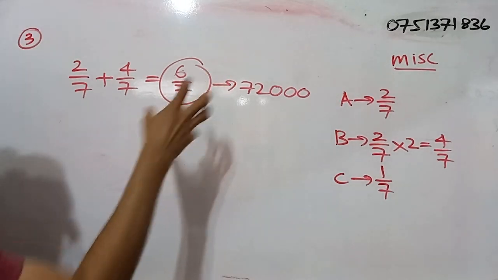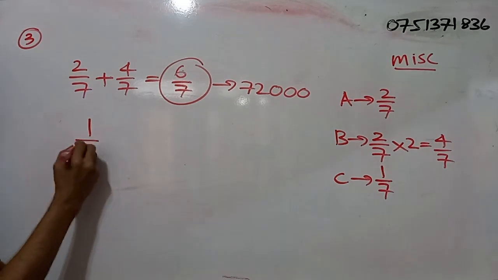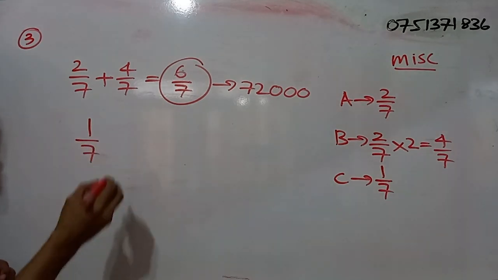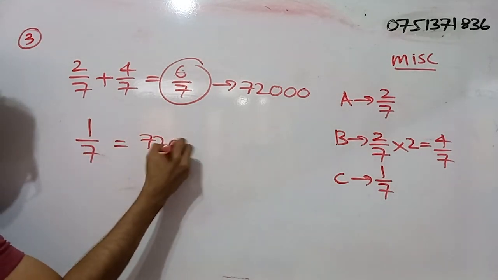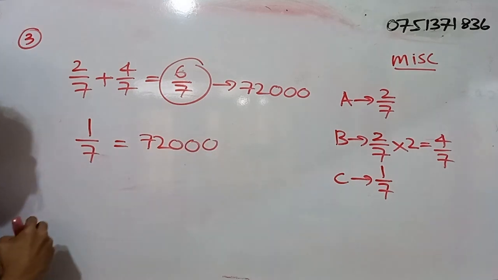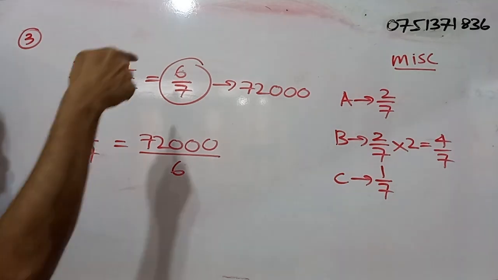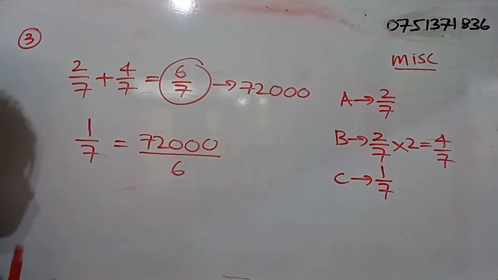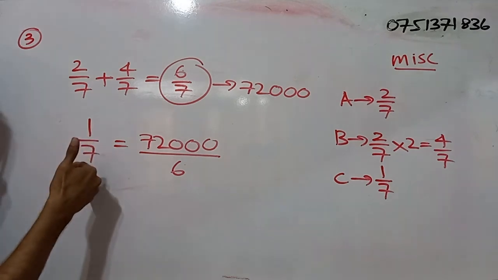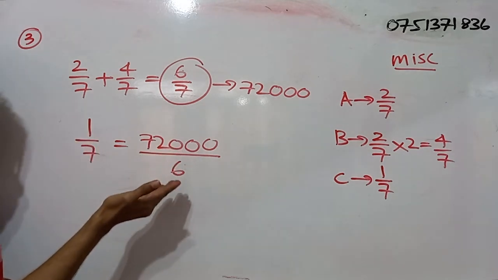So from this we can calculate what is the amount equal to 1/7. So what is that? 72,000 we have to divide by 6. Why? 6/7 is equal to 72,000, no? So in order to calculate 1/7 of it, 72,000 we have to divide by 6.